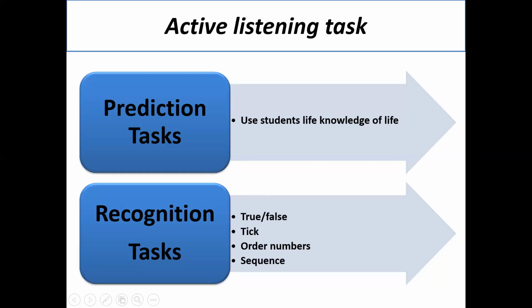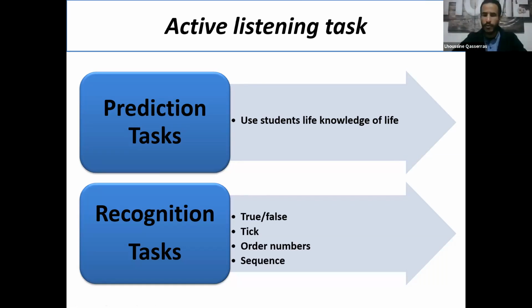I stop and then share again. So here, this is my recommendation. When you are teaching listening, prediction tasks, recognition tasks like true or false, T or F, or tick, or order. You listen what is number one, number two, number three, just write numbers, or sequence, you put in, etc. Okay.